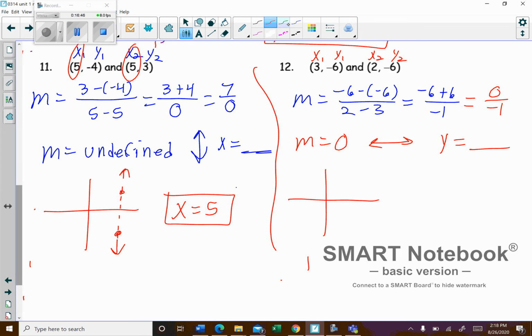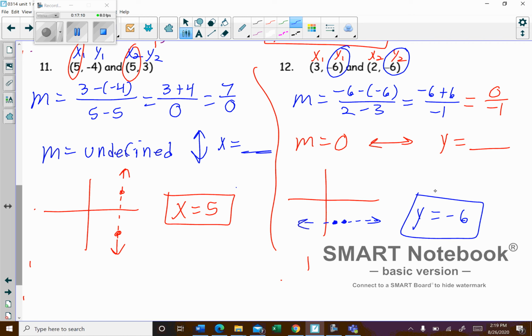So let's see. I've got a point at over 3, down 6, and I got another point that's over 2, down 6. So they're pretty much right next to each other. But you'll notice that the slope is 0, and so the y value in this case is -6 on both of them, and that's the equation of this line, y equals -6.